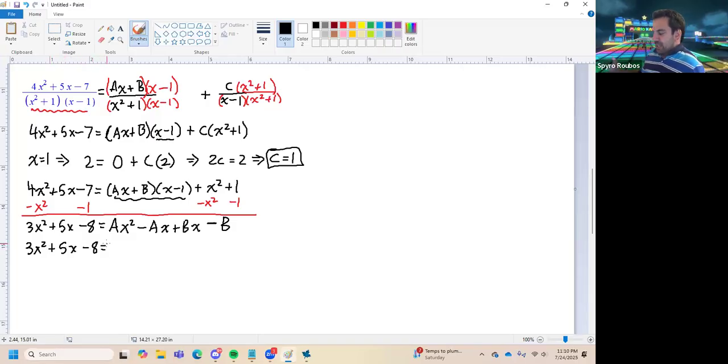This is a common thing in math when we're setting polynomials equal, that we're going to grab what's in front of x squared, what's in front of x, and what's constant. So right away, we know a has to be 3. We also actually know negative b is negative 8.